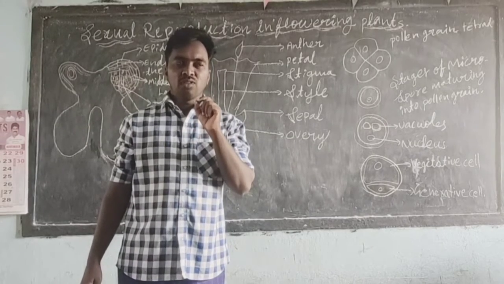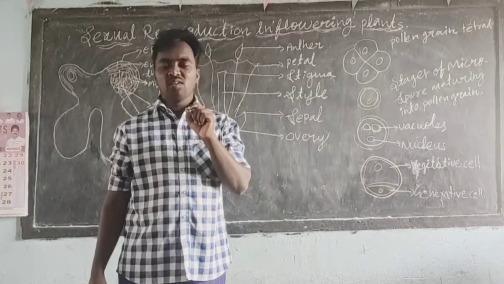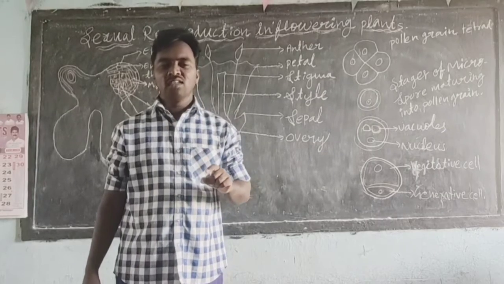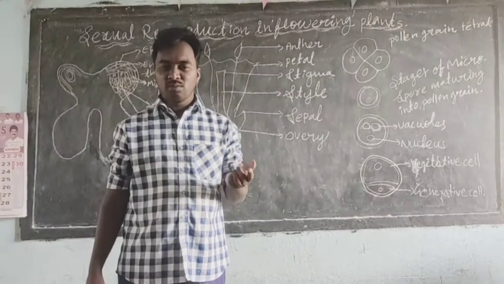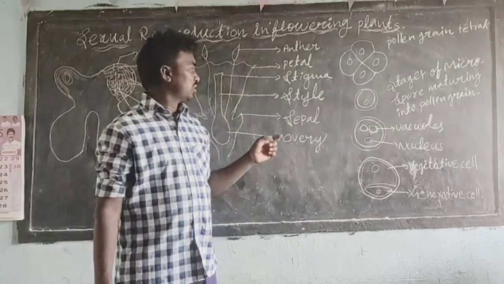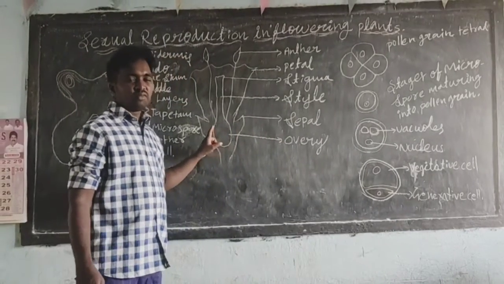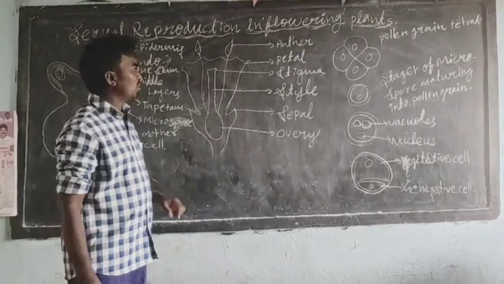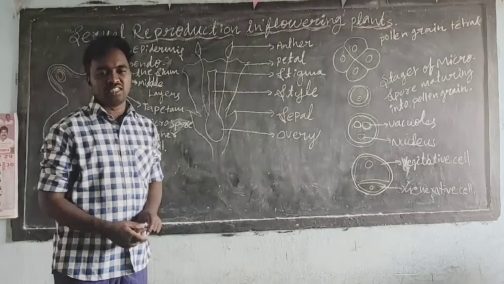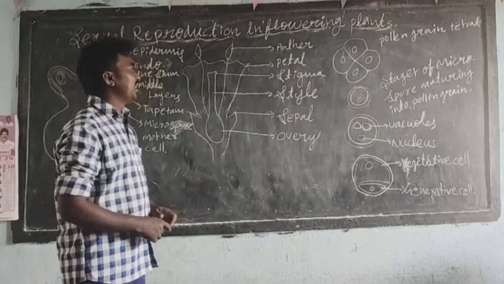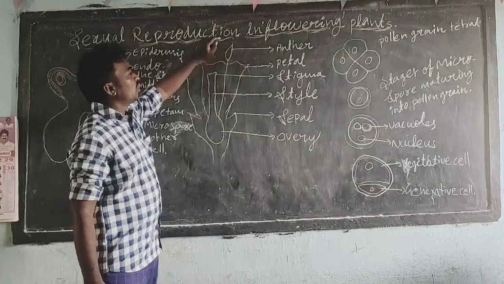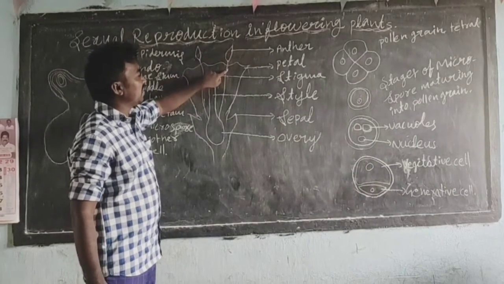So we have to understand the parts of a flower. What are the parts, and what is the sexual reproductive organ in a plant? Look at the flower, parts of a flower. Majorly, the flower contains 5 parts. Majorly, the anther. This anther is attached to a filament.